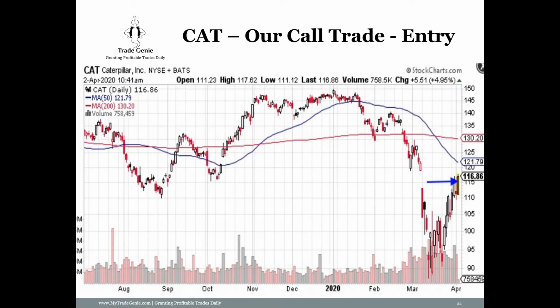Here's another one, Caterpillar. To be honest, I missed all this super move. So it came in March. Remember, March was tanking, how the market was tanking. But on 23rd of March, we knew that, okay, the low is formed.